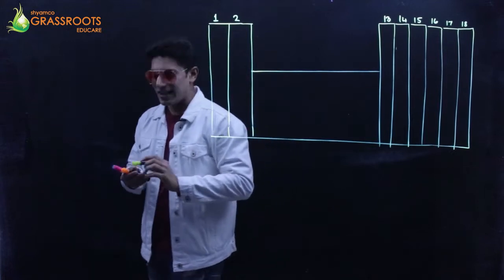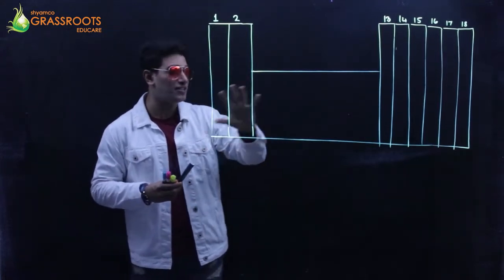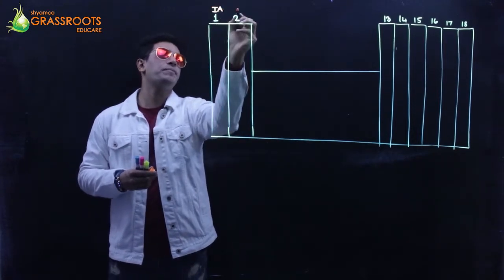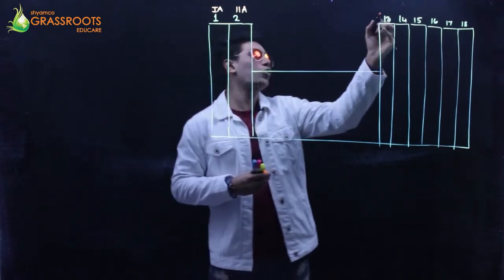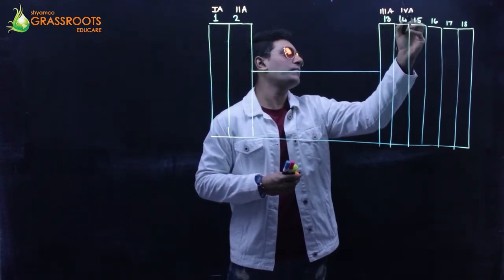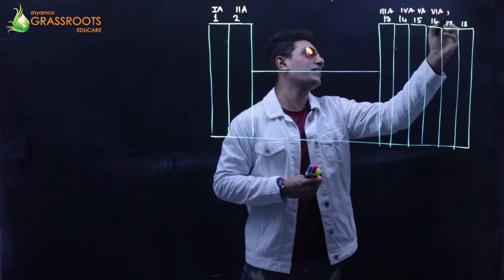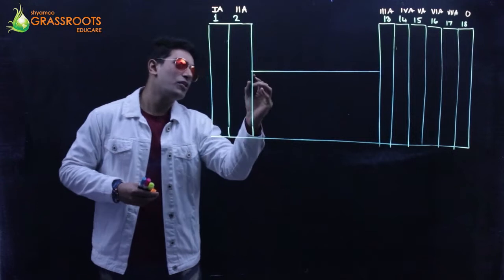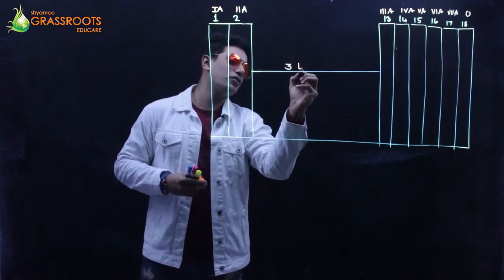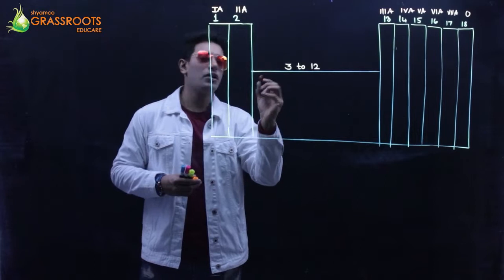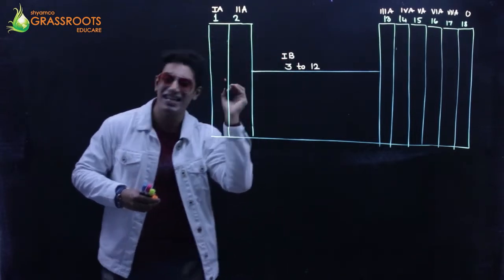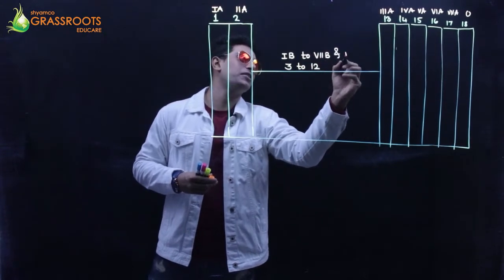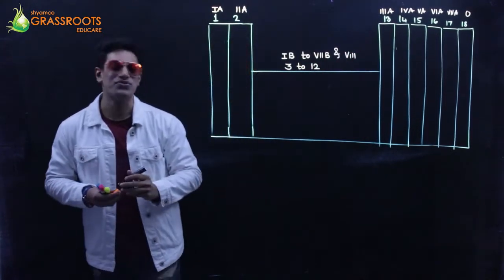Again, it's a portion of 9th standard, but you should know it. We also call it Roman 1A, 2A, 3A, 4A, 5A, 6A, 7A, and 0. Group 0, we come to it. Out here, we have the groups from 3 to 12 or Roman number 1B to 7B and 8. That's how it goes.